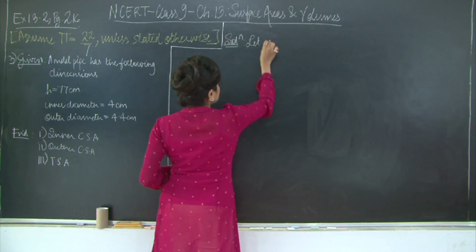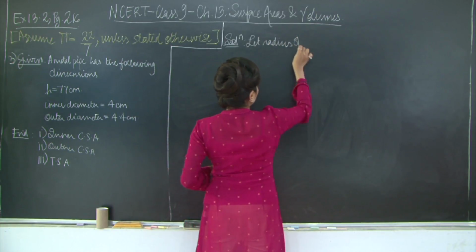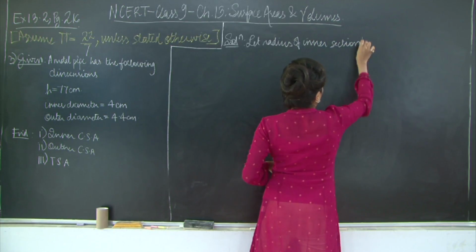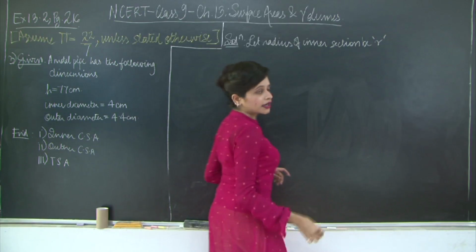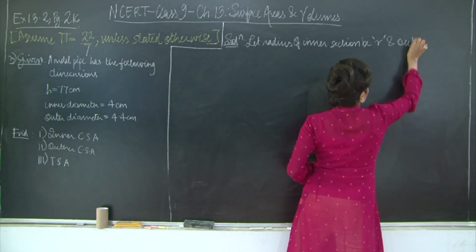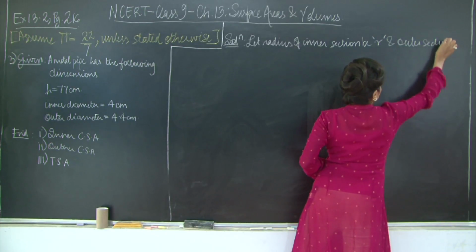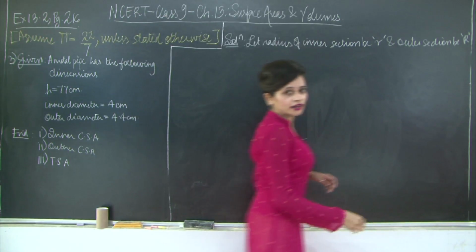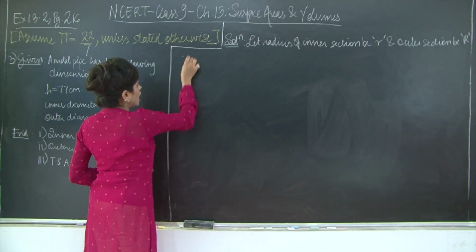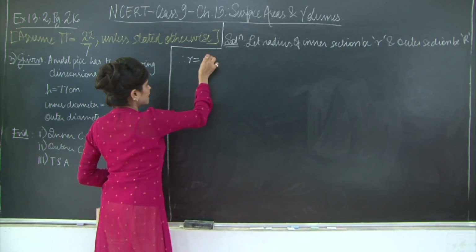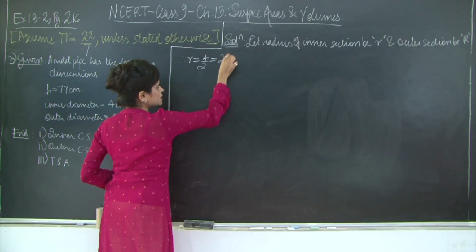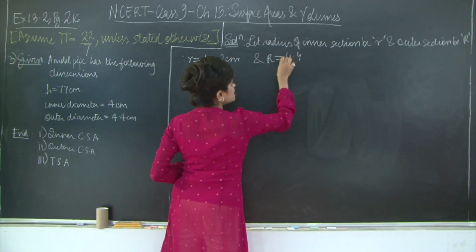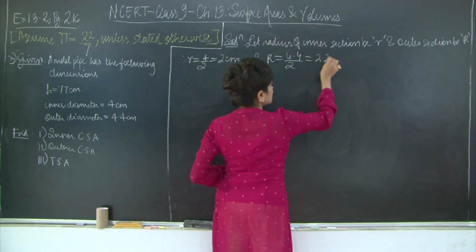Let the radius of the inner section be small r, and the outer section be capital R. Therefore, r is going to be 4 divided by 2, which is 2 centimeters, and R is going to be 4.4 divided by 2, which is 2.2 centimeters.